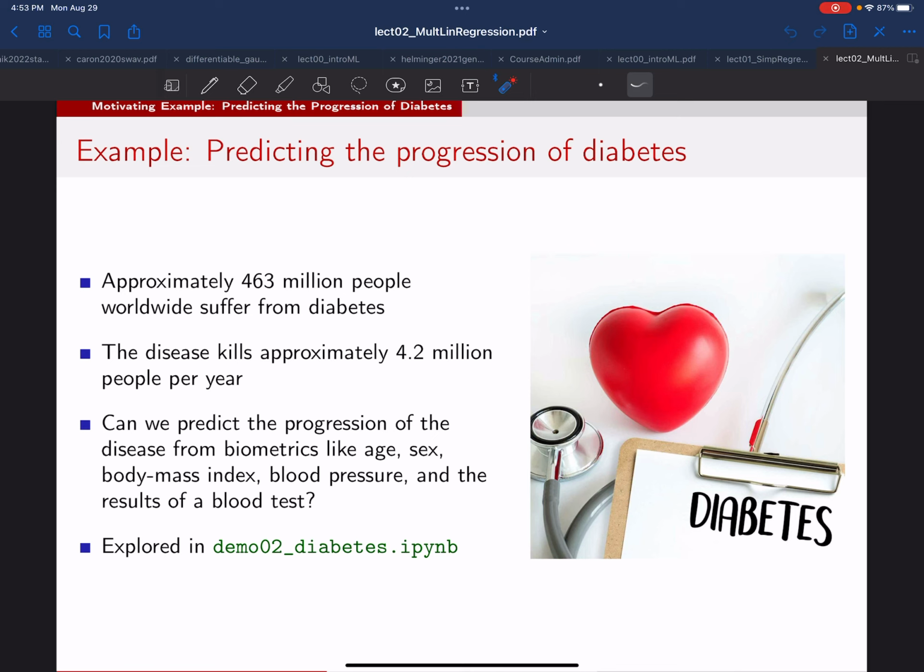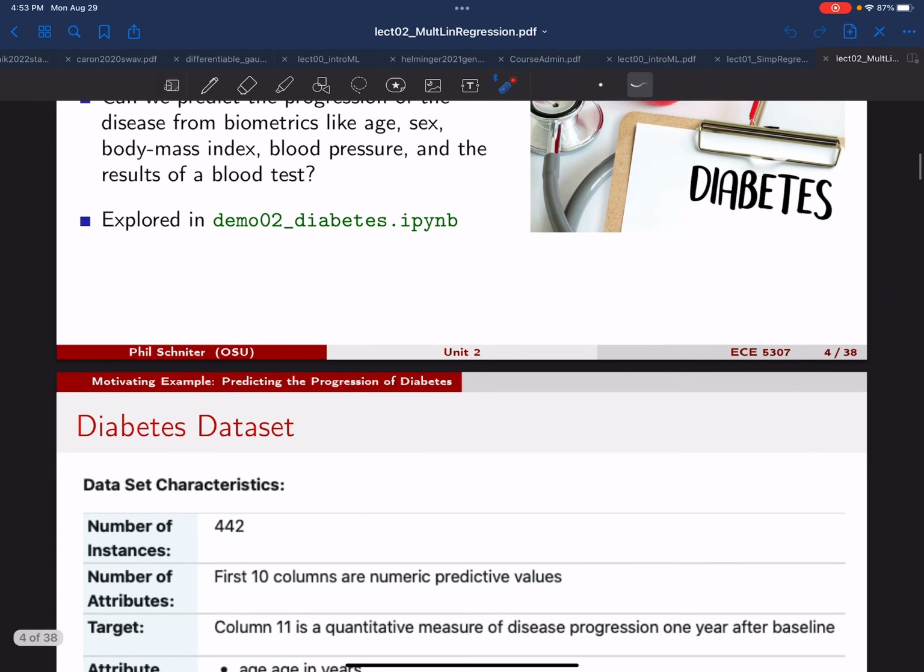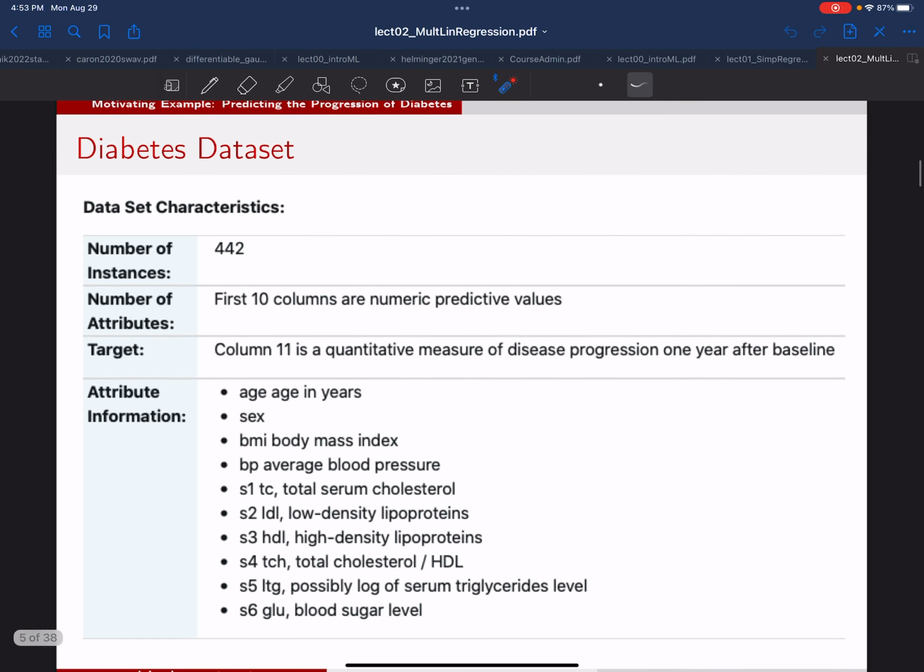It's motivated by the fact that diabetes is a really important disease. It kills a lot of people, so maybe we should see if we can predict things. Can we predict the progression of the disease given things like age, sex, body mass index, blood pressure, various other biometrics? So there's a little bit about the data set.